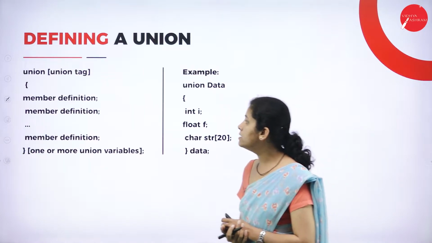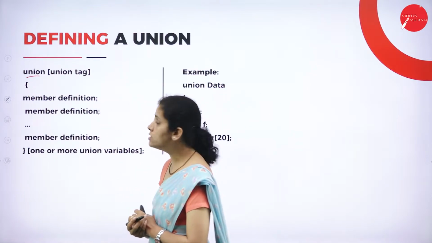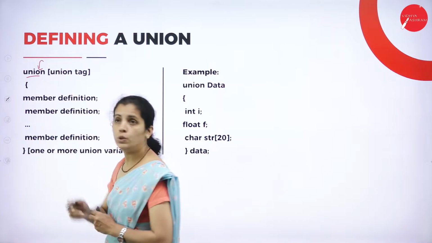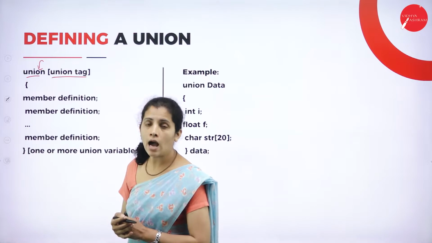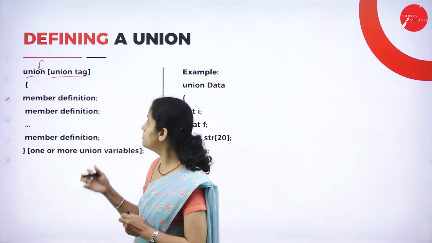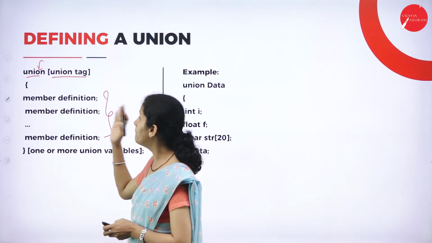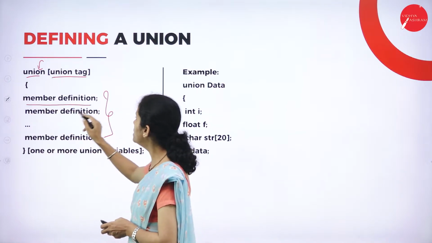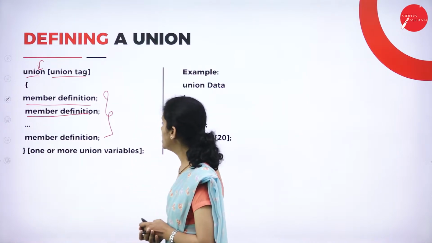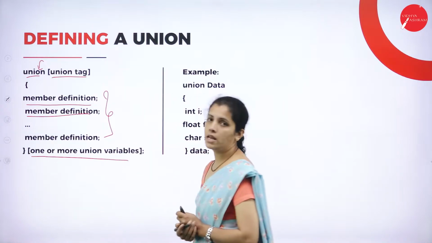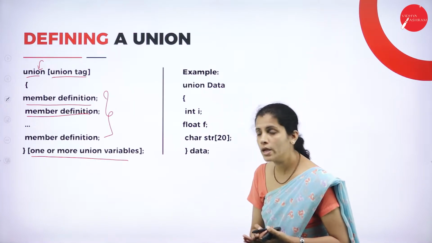Now see here, I'm going to have a union like a structure. I'm going to have the union keyword, along with that the union tag, that is nothing but the union name, then the data members or member definition, and I can create one or more union variables.